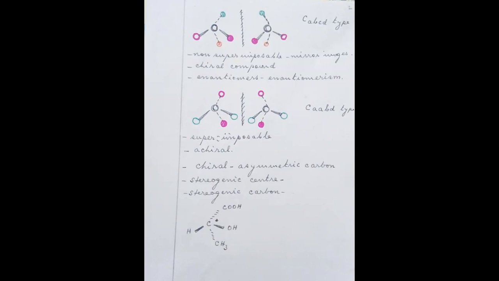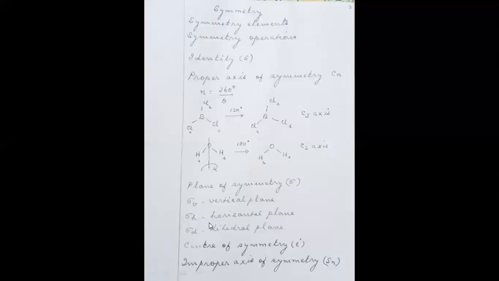To explain the stereogenic center, the lactic acid molecule is drawn here. A carbon with four bonds connected to four different groups, say COOH, OH, H, and CH3. To mention that it is a stereogenic center, an asterisk mark is kept on the carbon. Now, this is what we have seen in the last class.